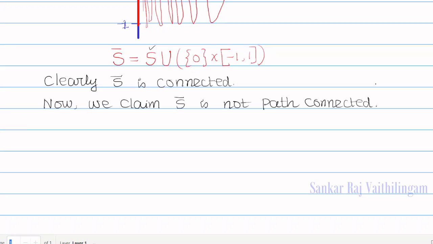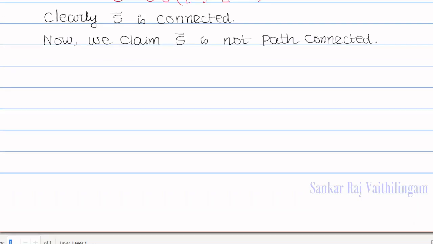Suppose, if it is path connected, I'll try to achieve a contradiction. Suppose S closure is path connected. What do you mean by path connected? Path connected means any two points can be joined by a continuous function, that is, there is a path between any two distinct points.